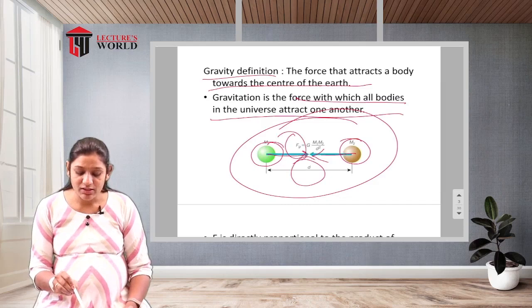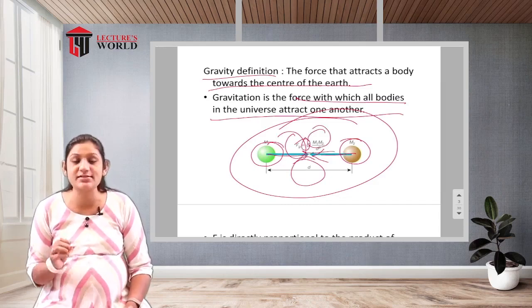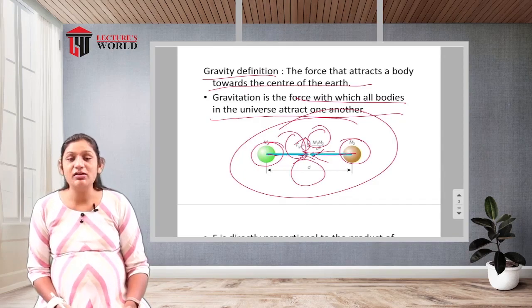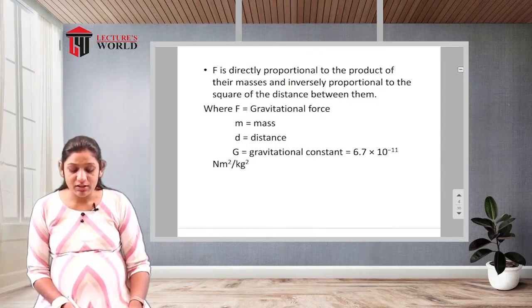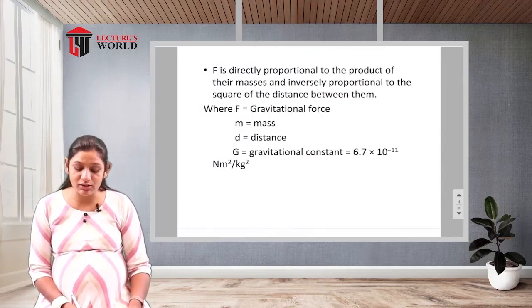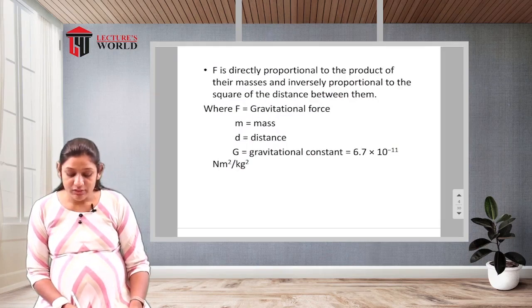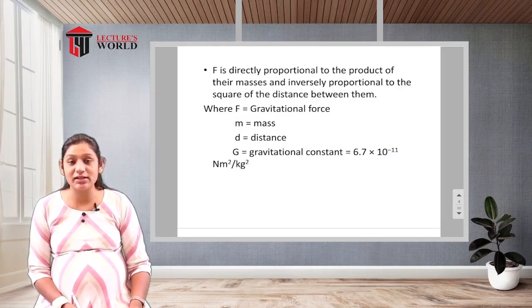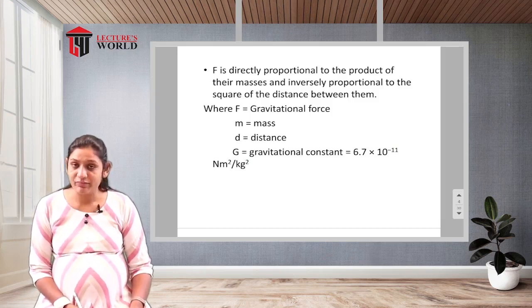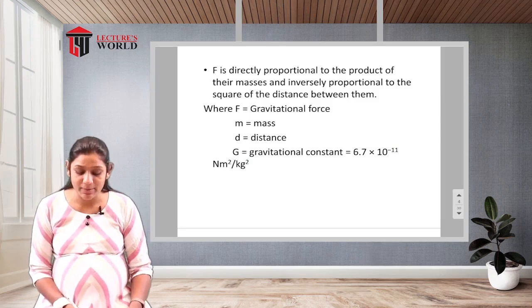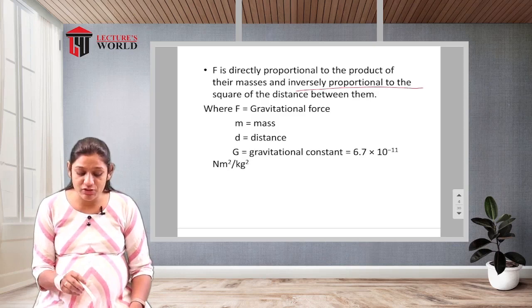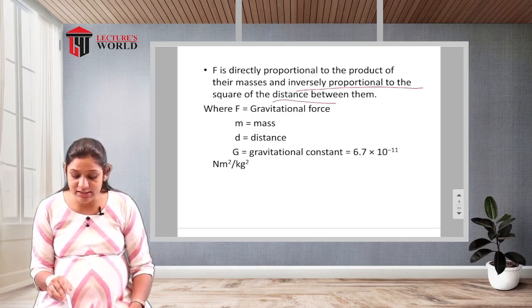F is directly proportional to the product of their masses and inversely proportional to the square of the distance between them.